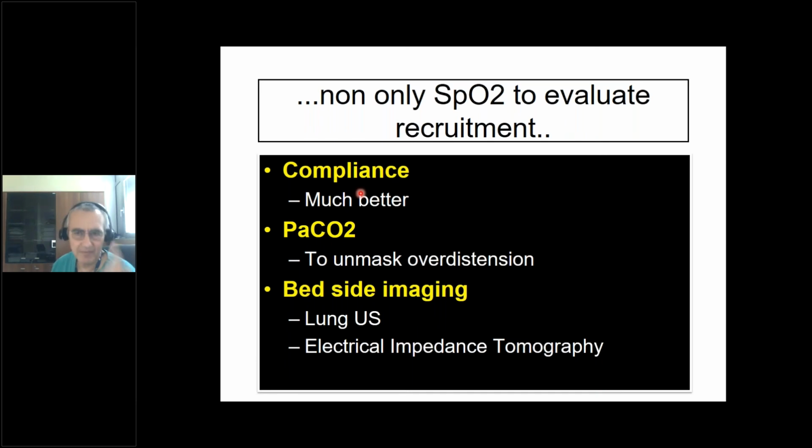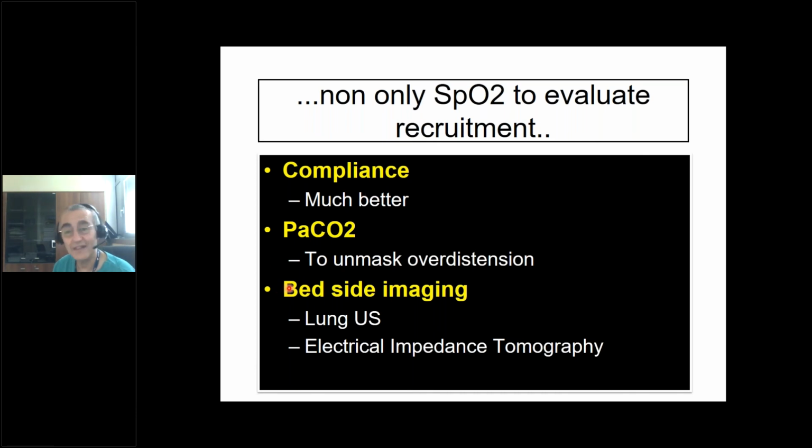Also keep in mind PCO2. Following a recruitment maneuver, in our ventilator setup, PCO2 should be the same or maybe slightly lower than the basal one. If it goes up, something is wrong. It has to do with overdistension, increasing dead space, which we should keep in mind.